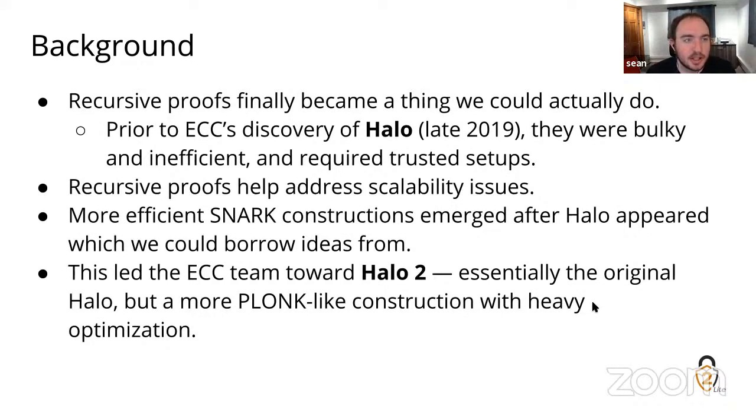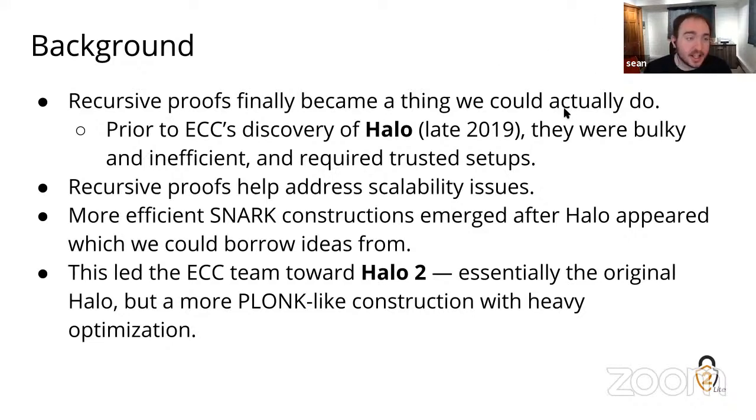But requiring trusted setups is one of those things that we have needed for the most part over the years because SNARKs just weren't efficient enough. So when we discovered Halo, we finally discovered not only a way to do recursive proof composition really efficiently, but also it didn't require a trusted setup. And that solves all of our issues when it comes to the proving systems, which is awesome.